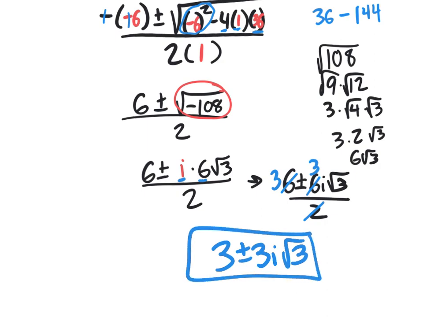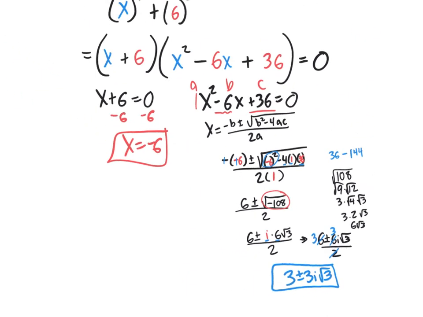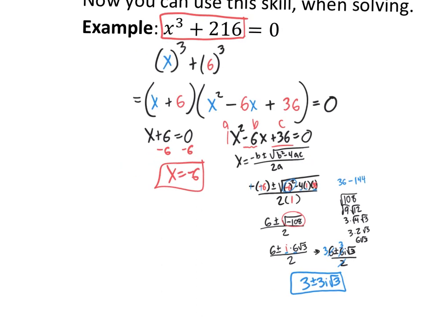So on this ridiculously long problem, we applied a lot of knowledge, right? We learned the sum of two cubes formula. We applied it. We used the zero product property to split them, and we got one answer. And this one became a quadratic that we solved using the quadratic formula.